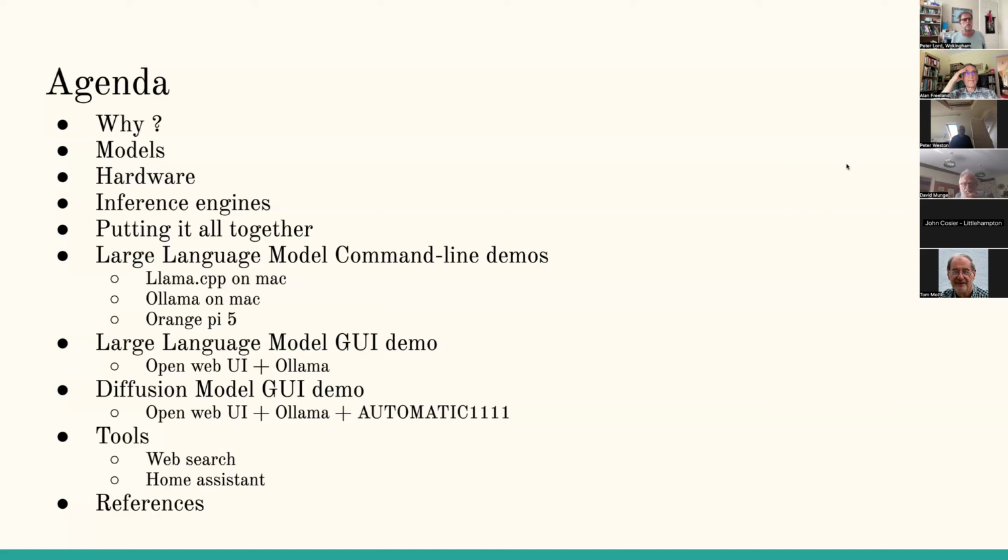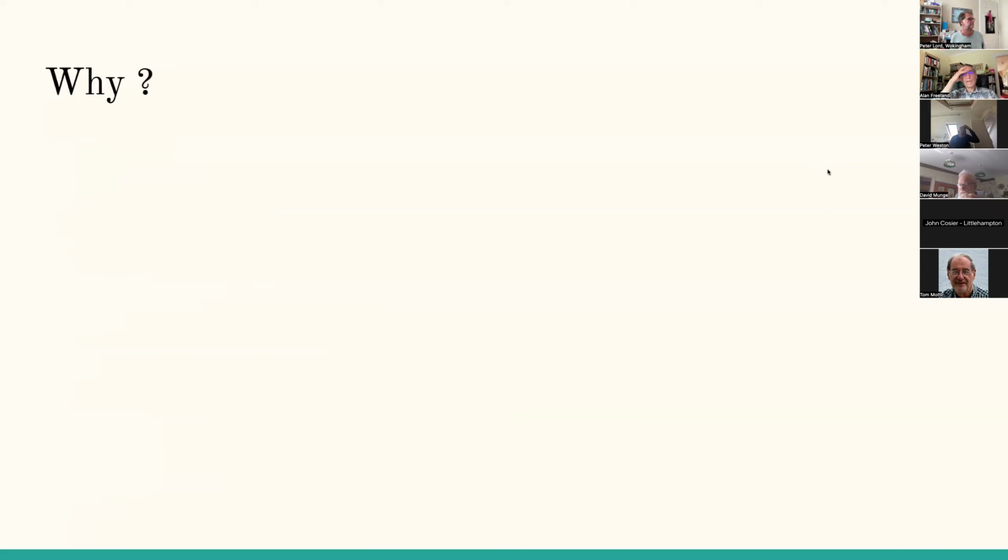So first question is, why on earth would you want to try and run these huge complex systems on your desktop? Well, probably number one is going to be privacy. So, for example, if you've got the problem you want to ask a large language model to summarize your financial position, what you could do is get all your bank statements in PDF formats, upload them to ChatGPT and get a nice summary back.